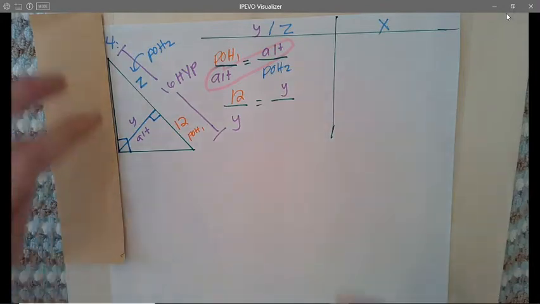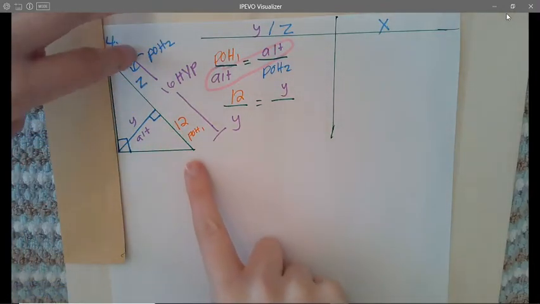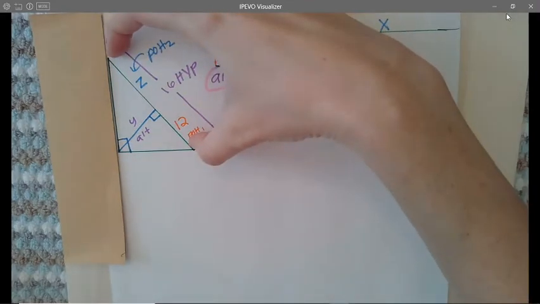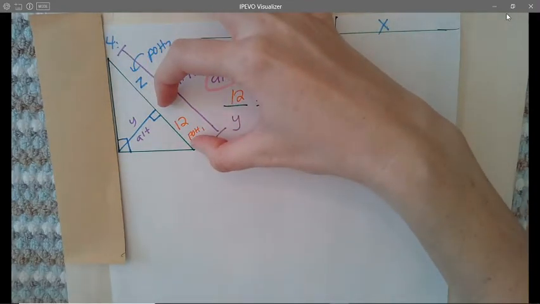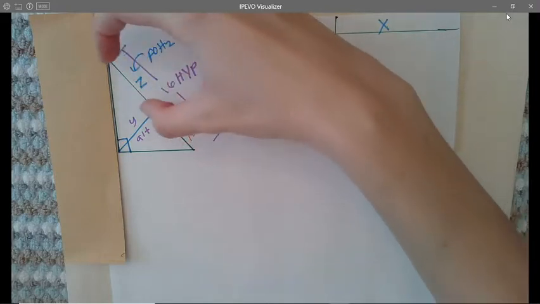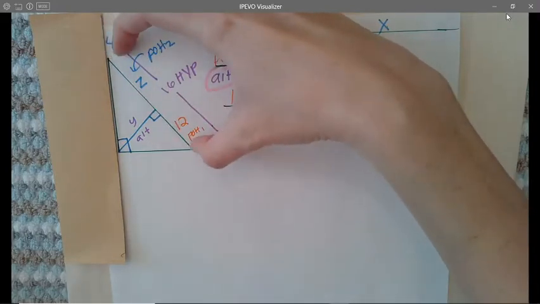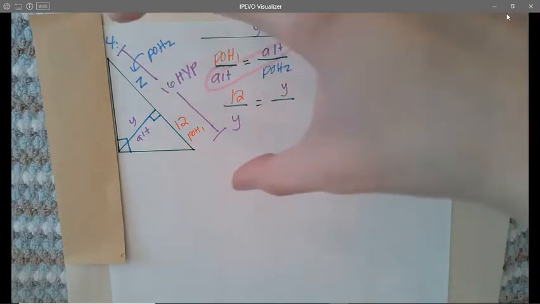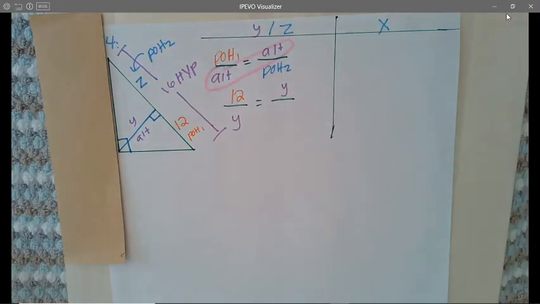I know the entire length of my hypotenuse is 16. This part is 12, so 12 plus what will give me 16? How can I find z if I know part of the hypotenuse is 12 and the whole hypotenuse is 16?